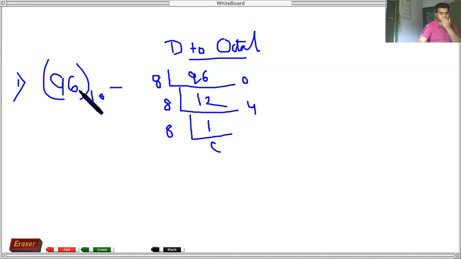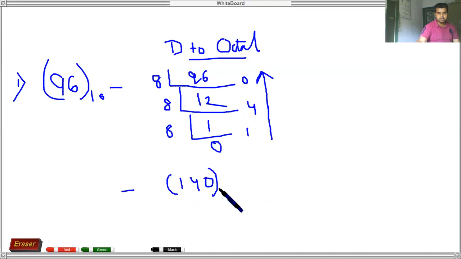So if 96 we have to write in the form of octal form, the same pattern from down to up, we will arrange the number. It becomes 140 with the base number 8. See this step properly. 96 in the decimal number, and then you have 140 as the octal number.